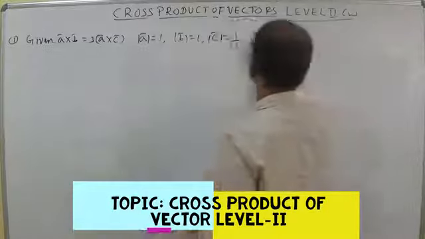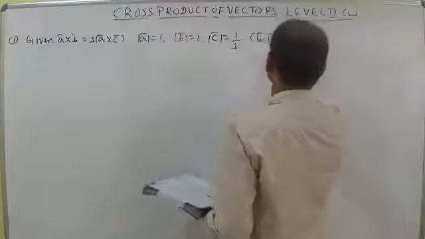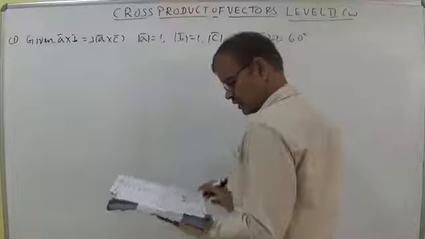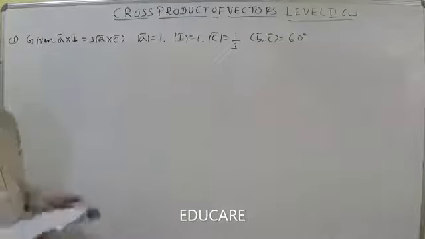The angle between B bar and C bar is 60 degrees. Then we should calculate according to the options.